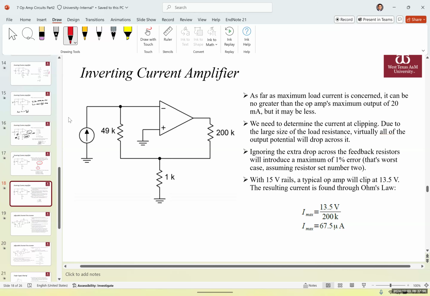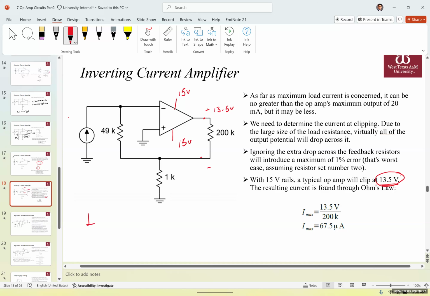The saturated voltage would be 1.5 to 2 volts below that, so here we would assume that it will clip at 13.5 volts. Some of the supply voltage is consumed inside the op-amp, so the maximum output voltage that we can get from this op-amp is 13.5 volts.